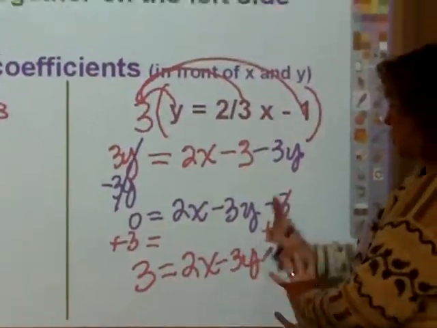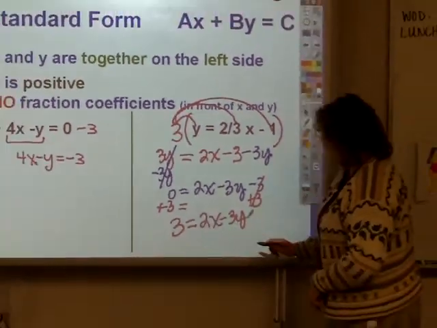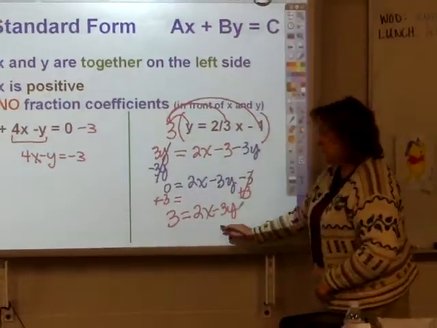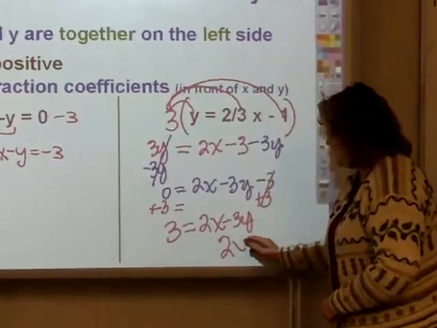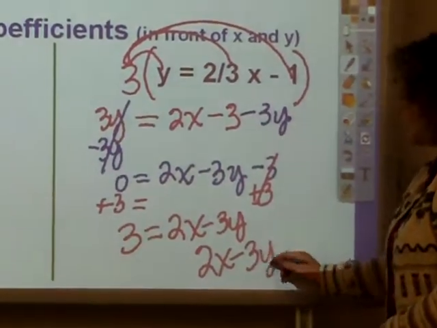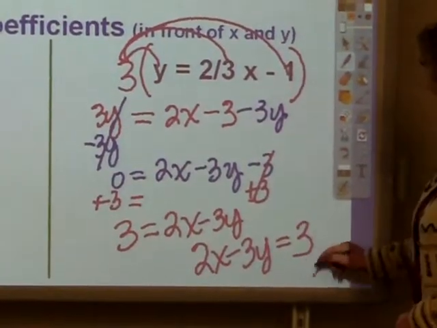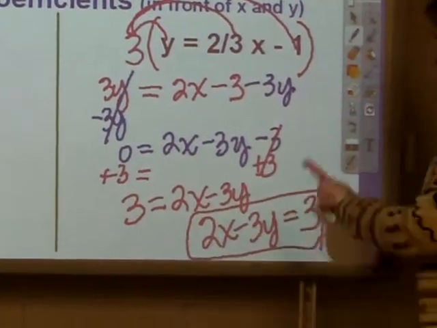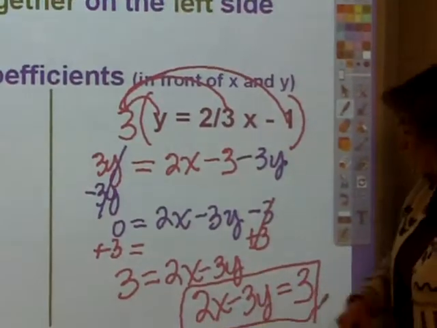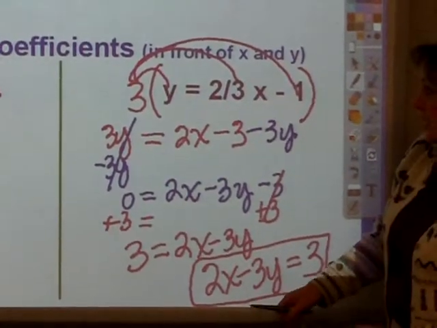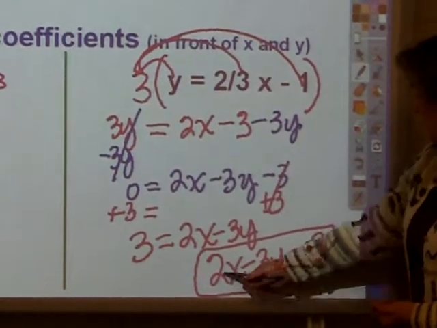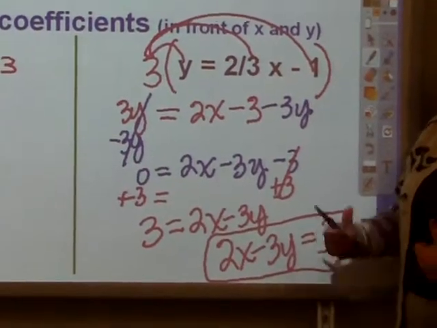So all we have to do is just rewrite it, writing this first. So, hope you can see it. 2x minus 3y equals, ta-da, 3. And you're done. Let's check it. Are x and y together? Yes. Is x positive? Yes. And are there any fraction coefficients? No. So you're done.